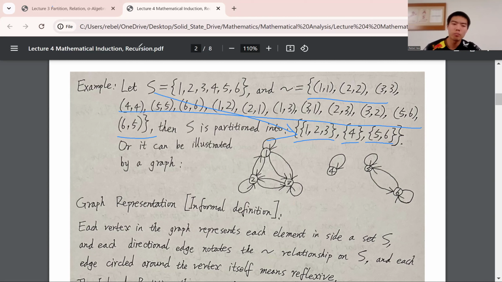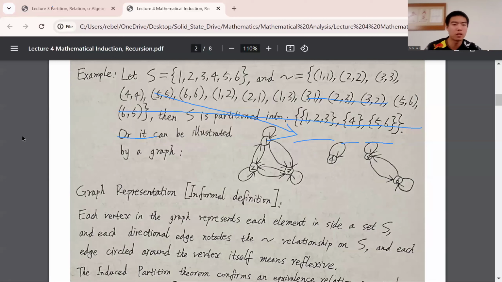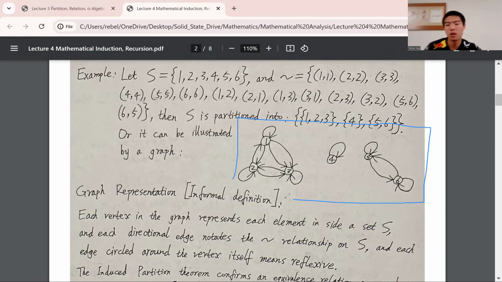So how can we make this into a graph? We may not have talked about graphs yet because they are complex in the mathematical sense, so we'll first talk about the graph representation informally. Each node here is an element. Think of a blank paper where all the points are elements of the original set, 1, 2, 3, 4, 5, 6.